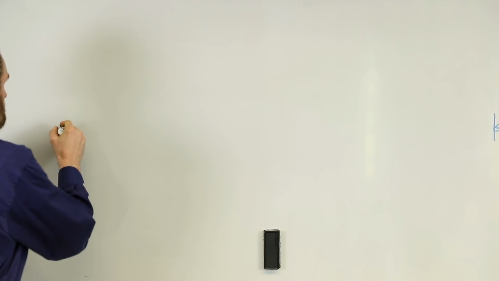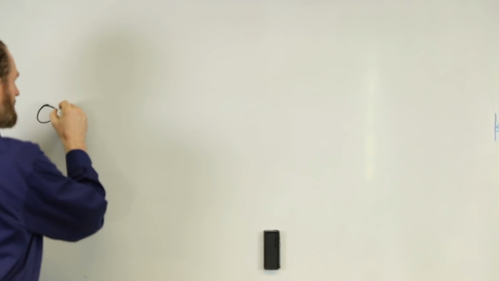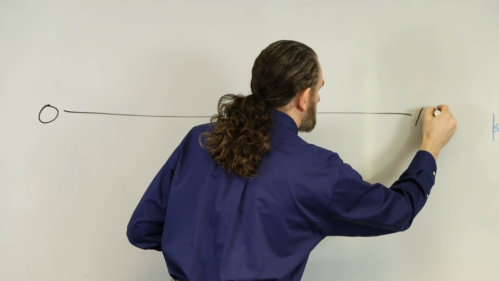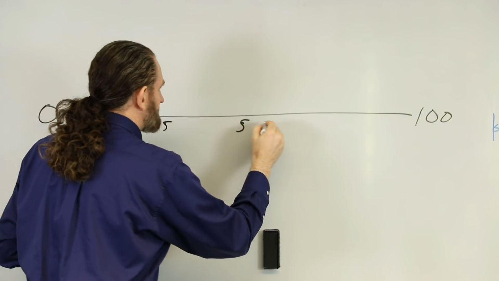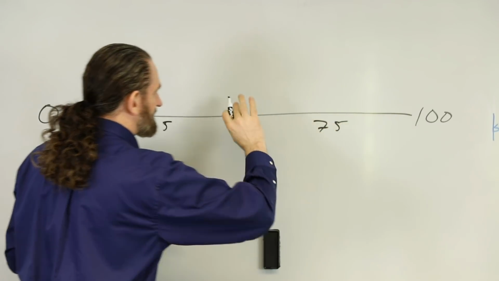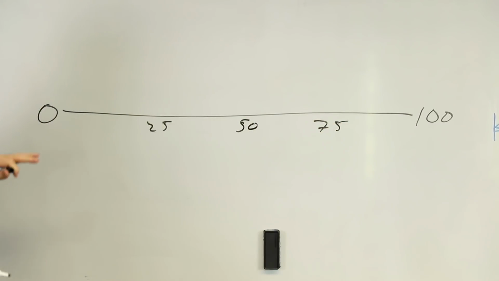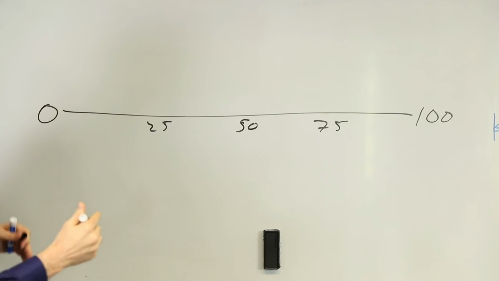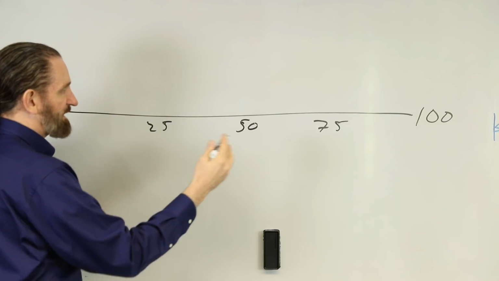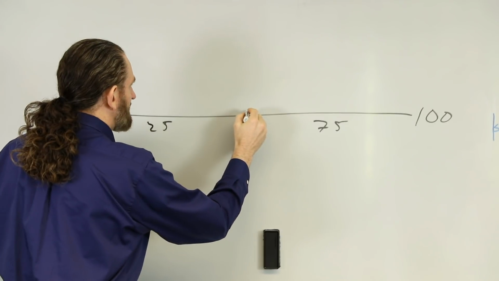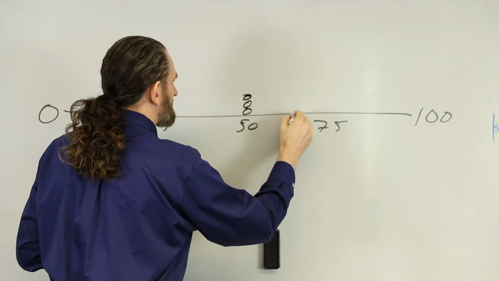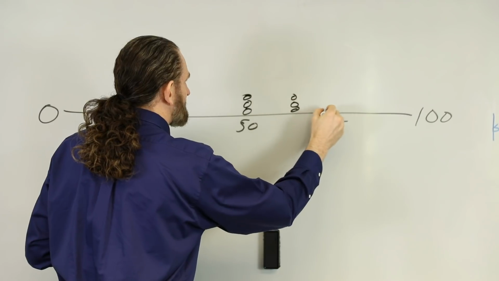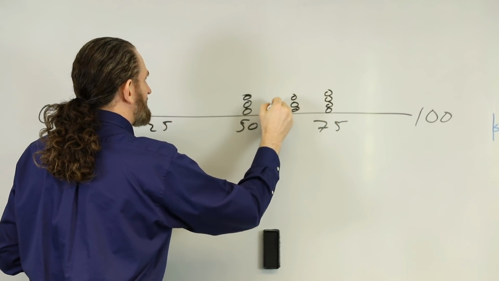Let's start by drawing a number line. We can just go from 0 to 100. And we could have in there 25, 50, 75, whatever it takes, along those lines. Now, if we were going to represent, let's say by circles, the number of responses we had at any particular score, then let's say we have a couple people who gave us a 50, and maybe some who gave us a 60 and a 75, maybe a 55.